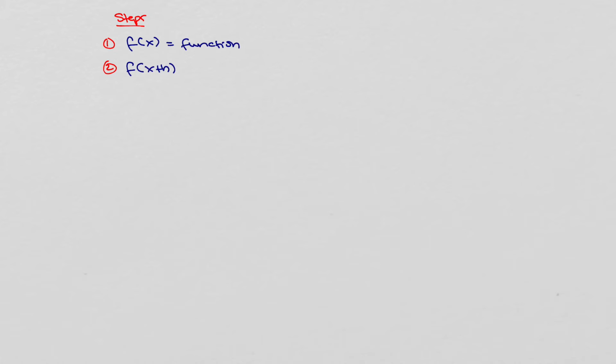So what that means is we replace x in the function with x plus h. The third step is we're going to take step 2 and step 1 and subtract them. So in other words, we're going to get f of x plus h minus f of x.